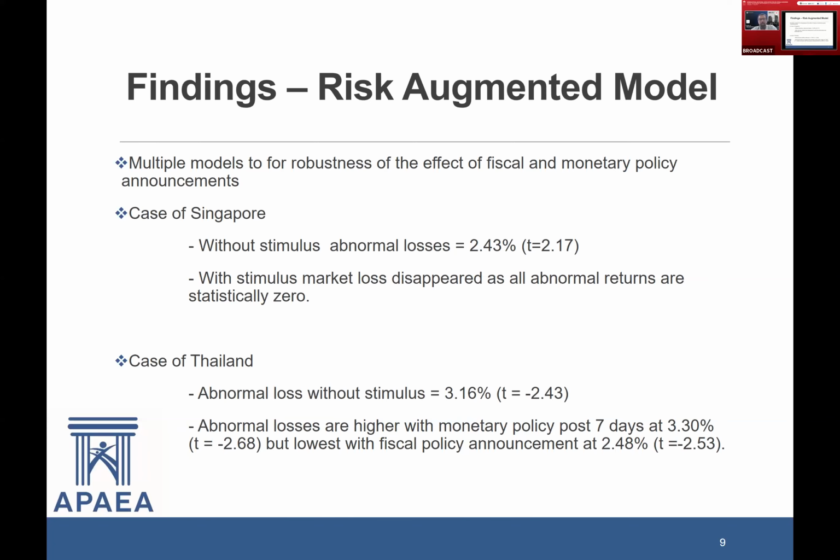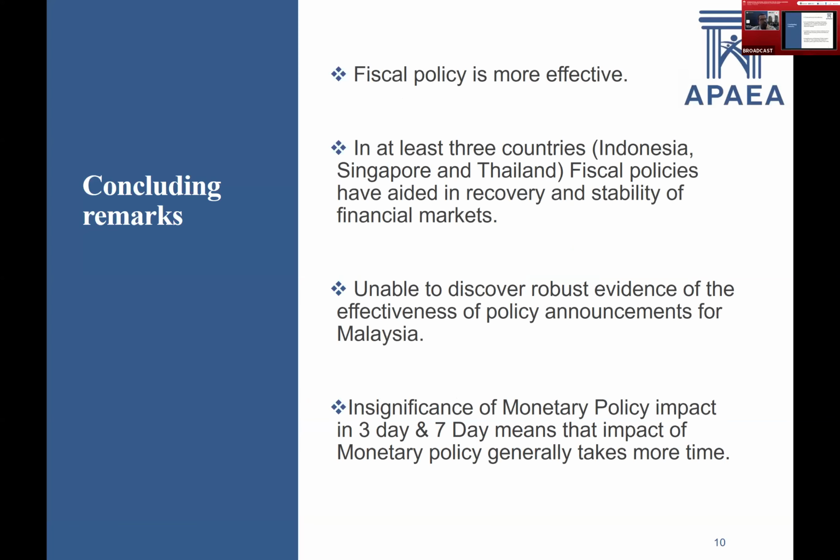Now, essentially what we conclude, and this is a preliminary study, is that fiscal policy seems to be more effective. We are saying this because in at least 3 countries, Indonesia, Singapore, and Thailand, we found that fiscal policies did aid in recovery and stability of the financial markets by reducing the abnormal returns. In the case of Malaysia, we could not find any robust evidence.